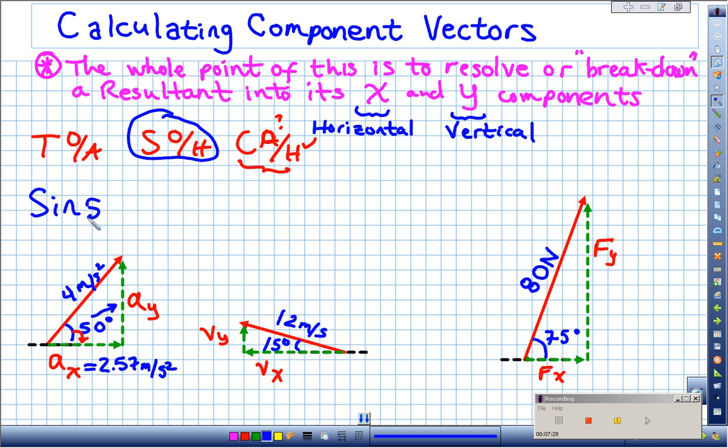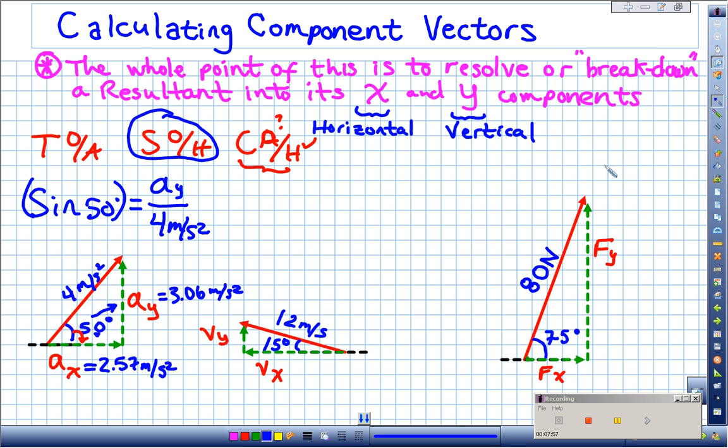The sine of 50 degrees, which again I was given, is equal to the opposite side, which I'm trying to find, my acceleration in the y direction, divided by my hypotenuse, which is 4 meters per second squared again. And now if I take the sine of 50 degrees and multiply that by my resultant 4 meters per second squared, I get 3.06 meters per second squared. That's looking at it the trig way.